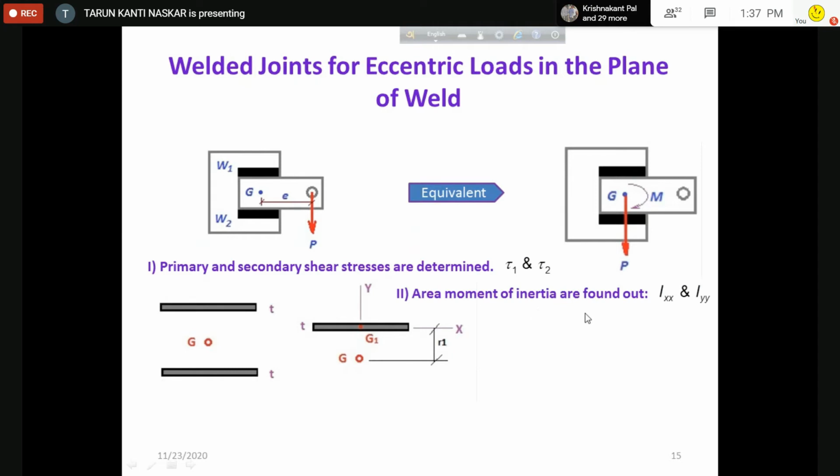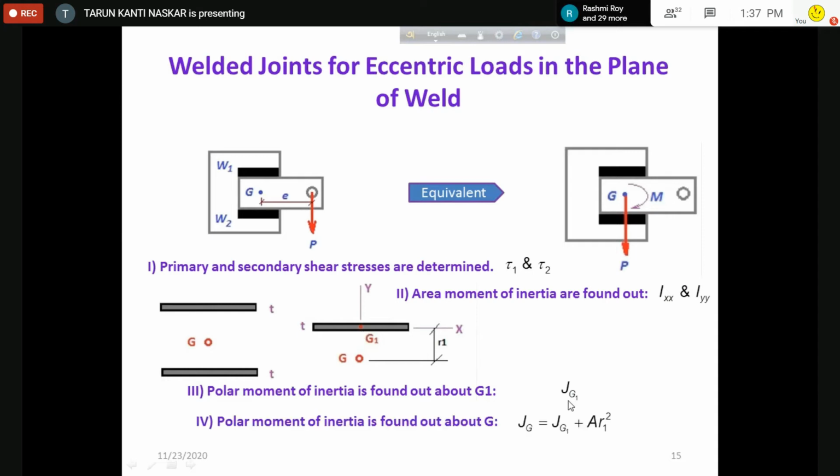Now area moment of inertia, that is Ixx and Iyy, are found out. This you can find out, but the process is not shown here, how to find out Ixx and Iyy. Now polar moment of inertia is found out about G1, so this JG1 is found out.